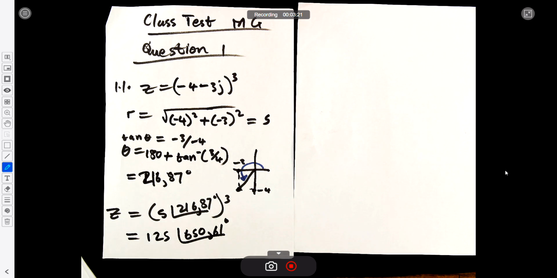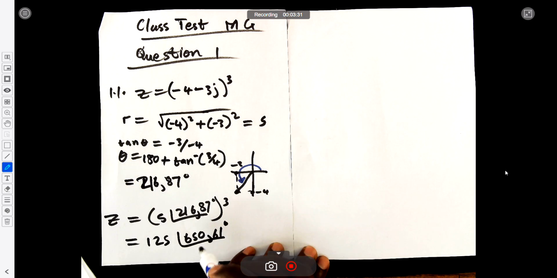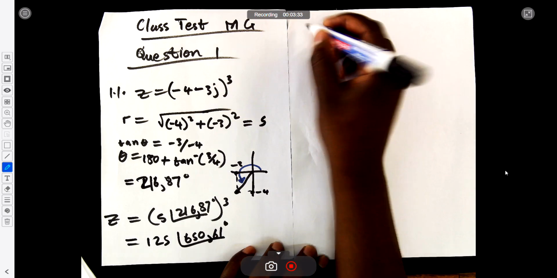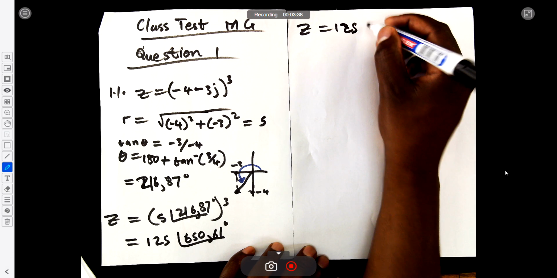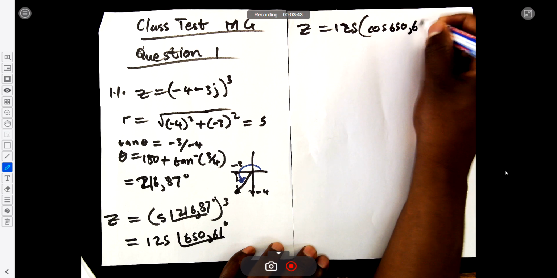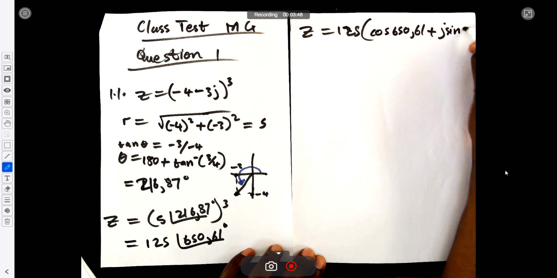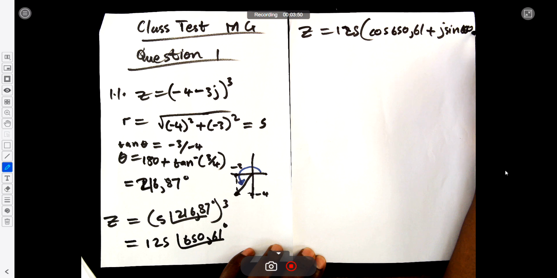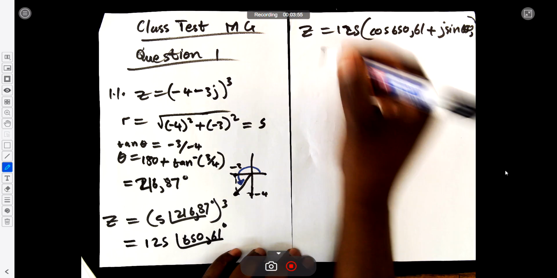But the question says to express the answer in rectangular form. So we are going to change now from polar form to rectangular form, still expressed in this format: cos 650.61 plus j sine 650.61.